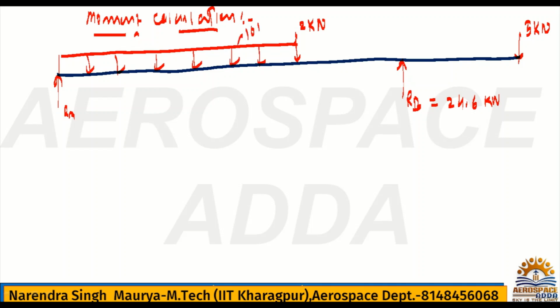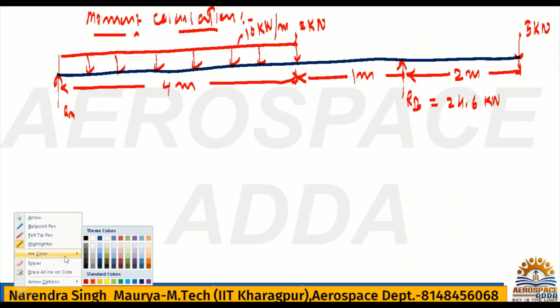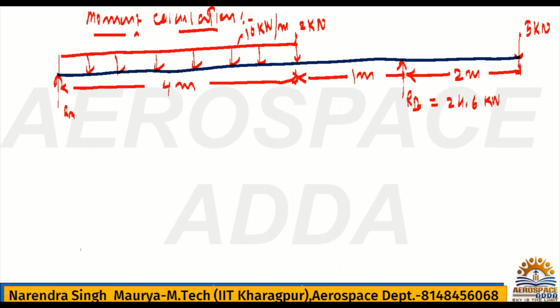It's nothing but 10 kilonewton per meter, 4 meter. Right. All the dimensions you have written here. Correct. Now we are going to calculate the moment.